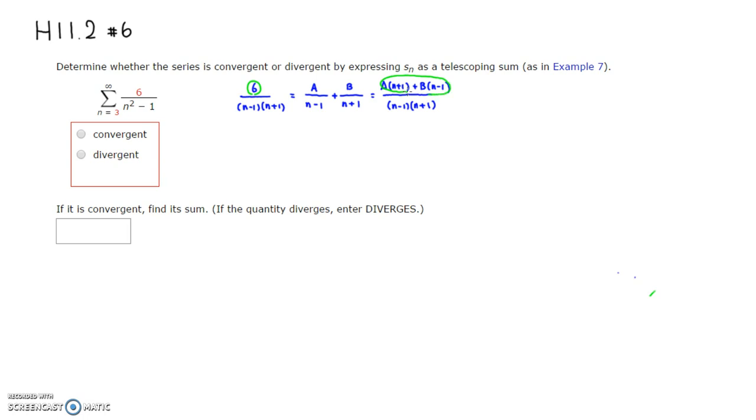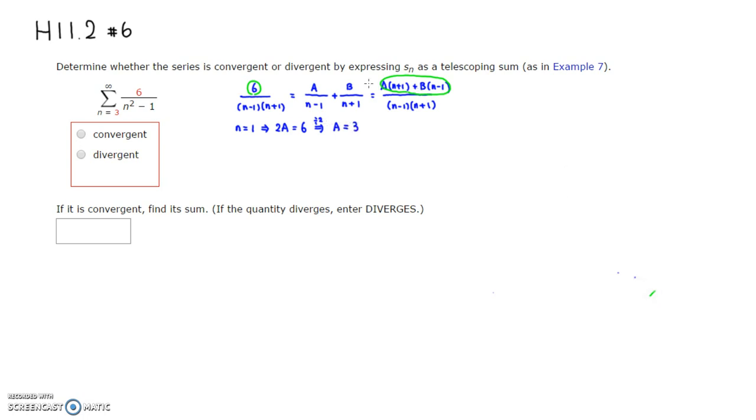The easiest way to find A and B: in order to find A, I'm going to get rid of B, so I'm going to plug in n equals 1. Then you have 2A here, and the B term is 0, and it has to be equal to 6.